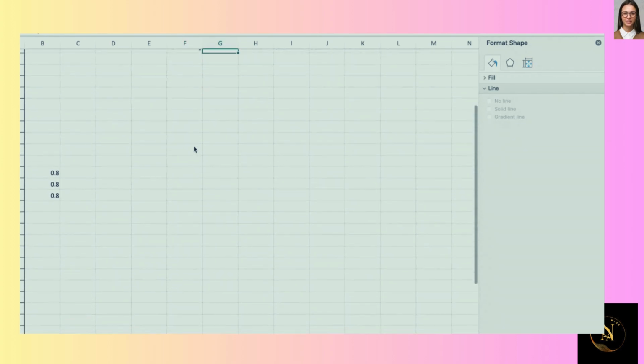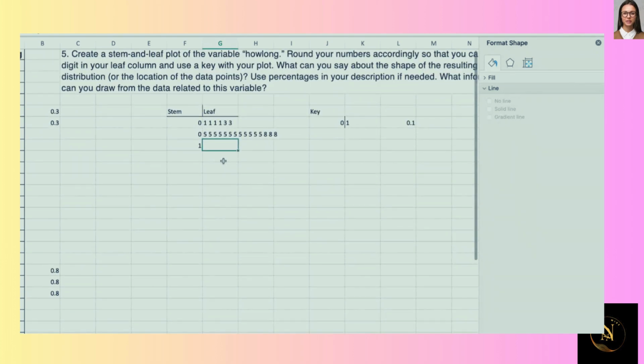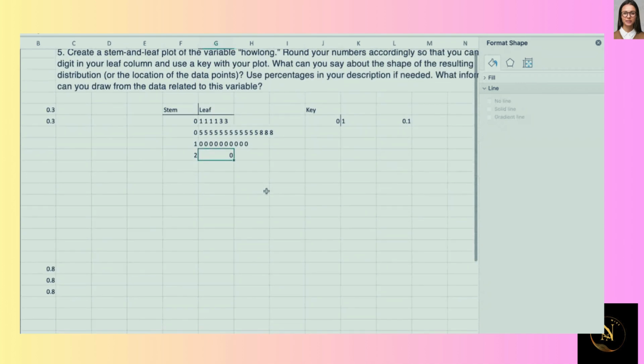Okay. Then for my ones, there is 1. And then there is, let's see, 1, 2, 3, 4, 5, 6, 7, 8, 9, 10. Then for 2s, there is 2 2s and 1 3.